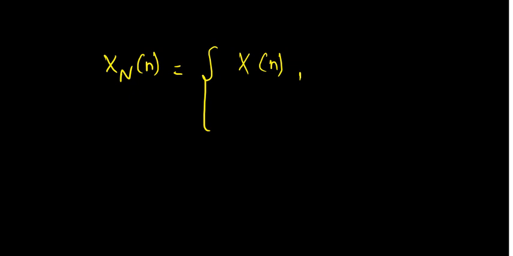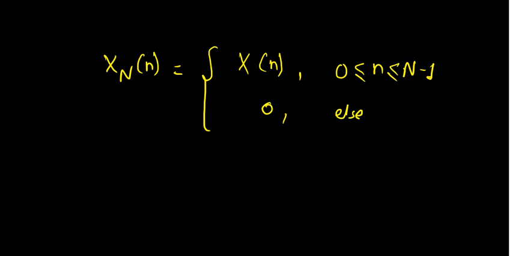So let me write that xN of n, which is a length n sequence obtained from our original process capital X of n in this interval, and it will be 0 elsewhere.